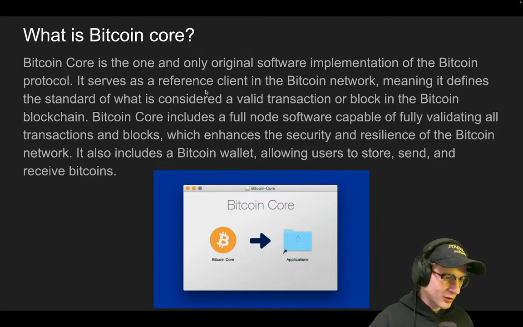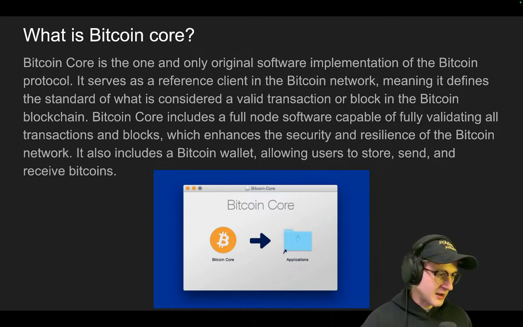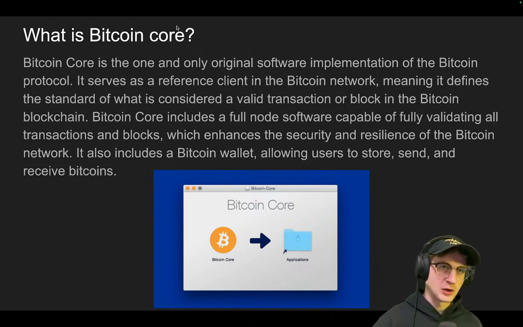Cool. So Bitcoin Core is our go-to reference. It is our Bible, what we consider to be the truth that we reference and utilize. So when you're building a Bitcoin app, if you can build it right on top of Bitcoin Core, that is an ideal thing.